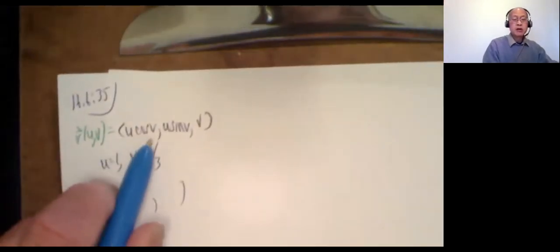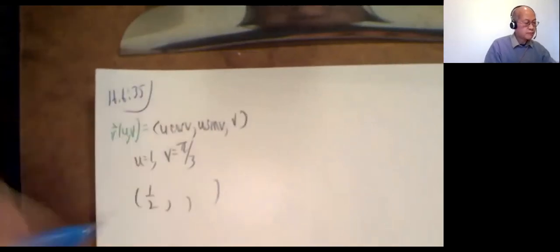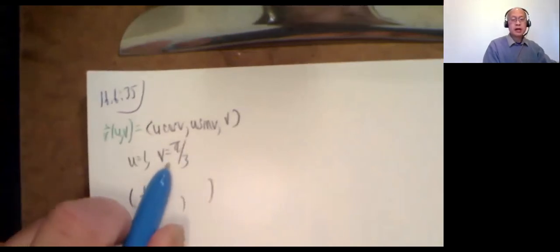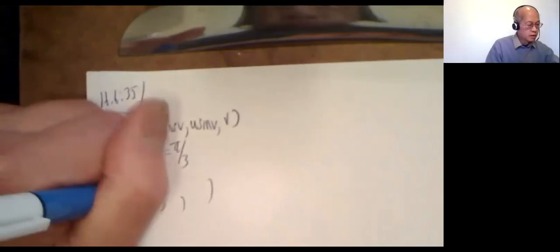Okay, so first I need the point. So plug in 1, pi over 3: u cosine v, cosine of 60 degrees, same as sine of 30, 1/2. u sine v, 1 times the sine of pi over 3 is radical 3 over 2. And then v, which is just pi over 3.